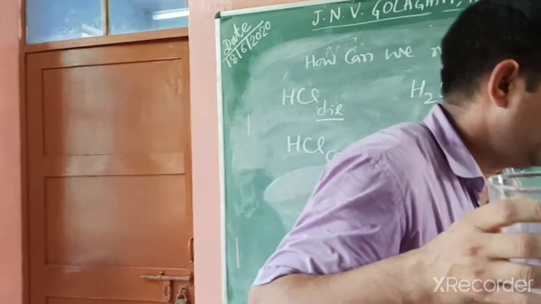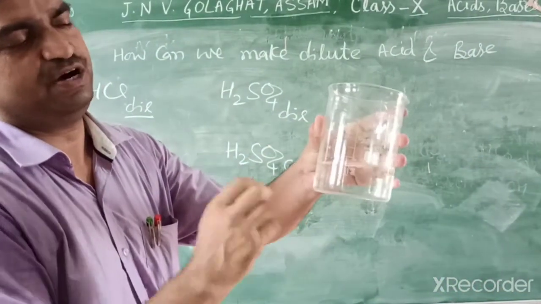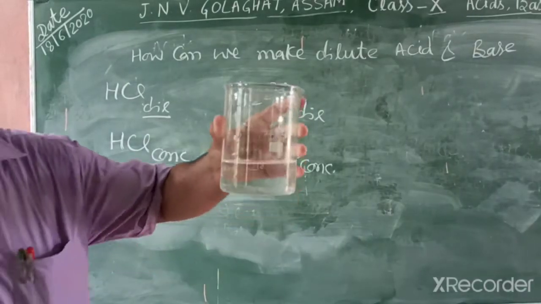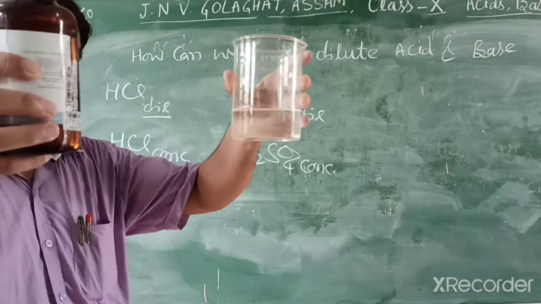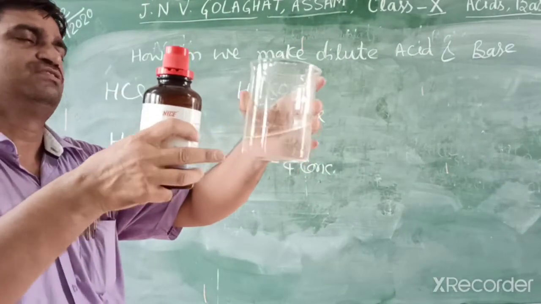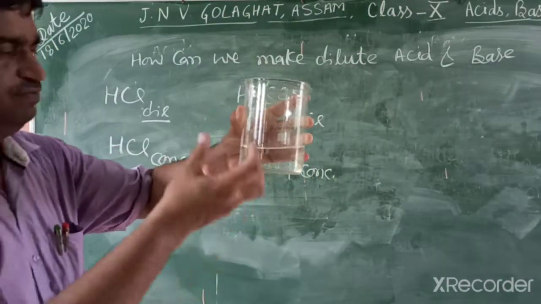When diluting, the number of hydrogen ions per unit volume decreases. Why? Because in the concentrated acid there are more hydrogen ions, and when we mix a small amount of this acid into water, the number of hydrogen ions per unit volume becomes very small.